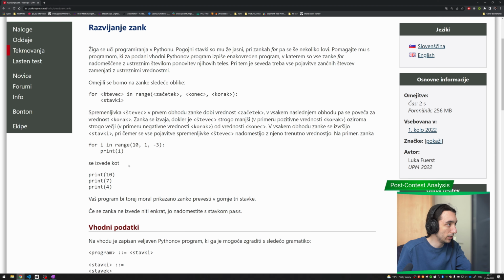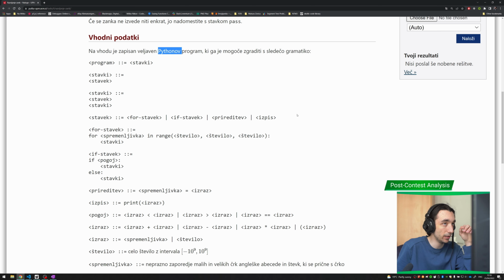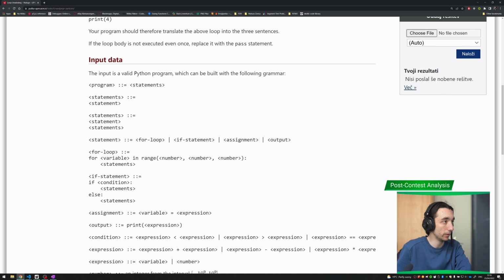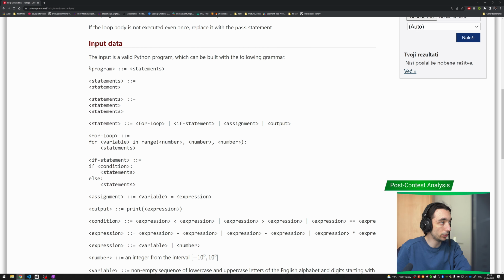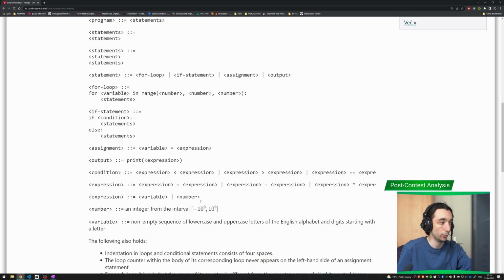No, it's not valid Python code. It's some valid code on this. Yeah, it's valid Python code. Let me just translate. You're given valid Python code for which this is the grammar.